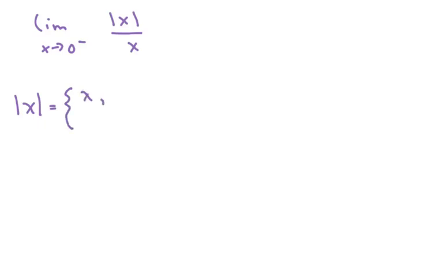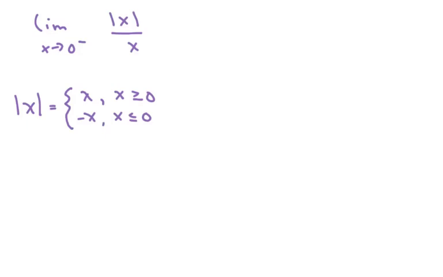The next two are absolute value. So the limit as x approaches 0 from the left of the absolute value of x over x. And basically what you need to know with absolute value is that the absolute value of x is a piecewise defined function, equal to x if x is greater than or equal to 0, and equal to negative x if x is less than or equal to 0.